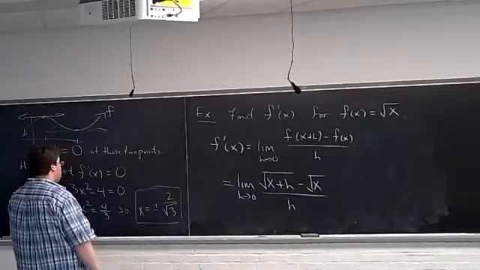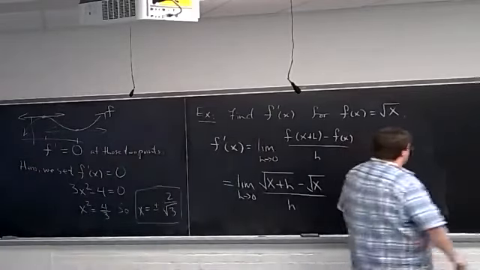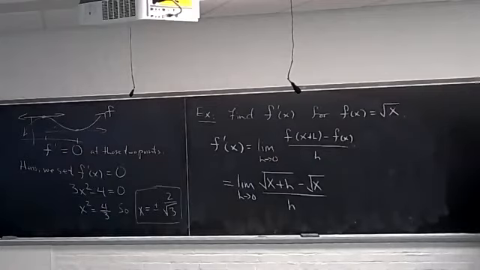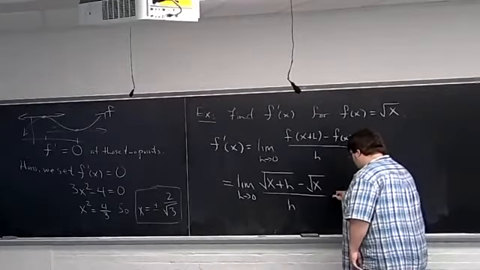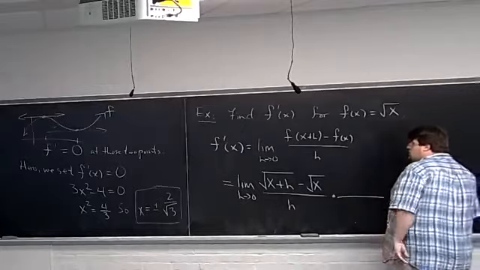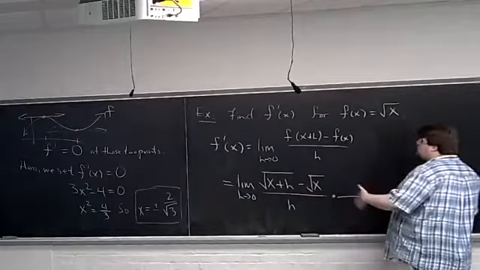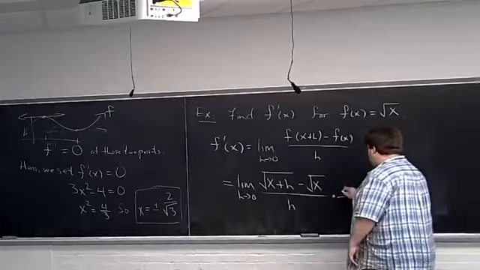How can we take this limit? Well, we can't substitute h equals 0 because we get 0 over 0. But we have seen ways we can remove square roots, and we can do that here. We can multiply by a convenient 1, which will force these square roots to go away using the difference of squares.